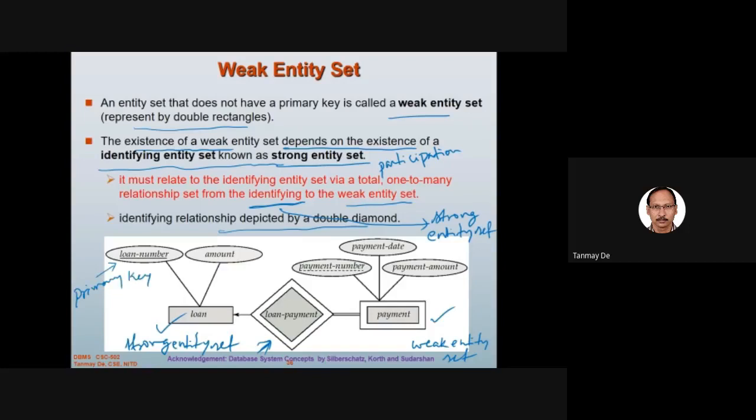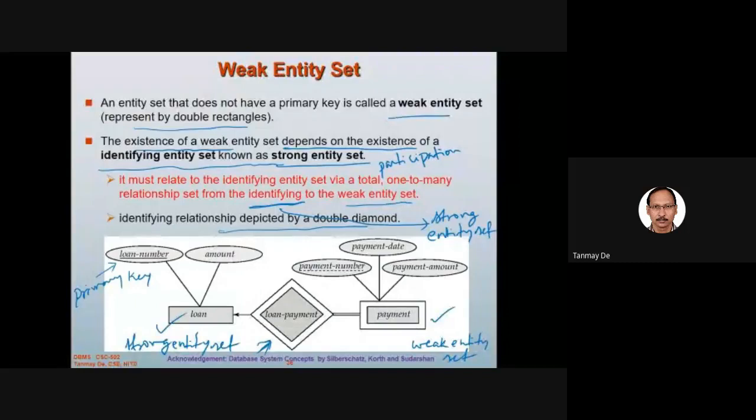But in case of payment, there is not a sufficient attribute to form the primary key. But in the payment entity set, each of the entities are also distinct. How to distinguish them? For that, a discriminator is there.